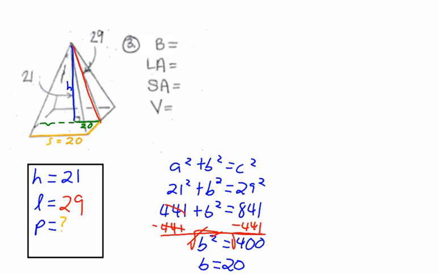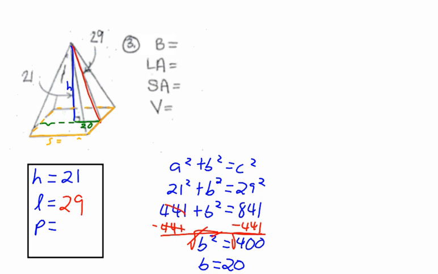Since this is a square, all 4 sides of the base are 20 units. So if I add those 4 together, or do 4 times 20, I apologize. That's not right.